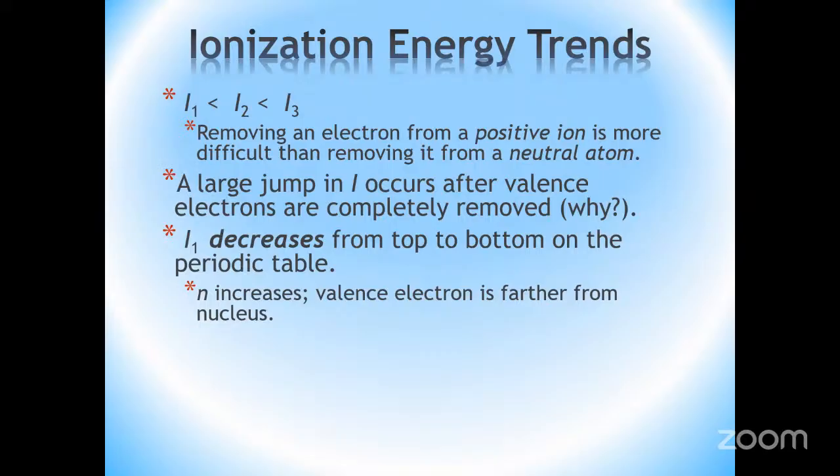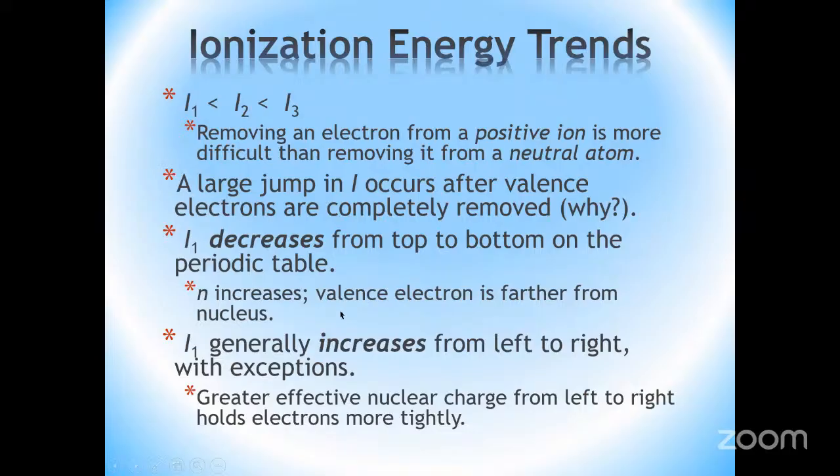Not only that, but you also have the inner core electrons shielding the valence electrons from the nucleus. As you go down the group, the number of inner core electrons increases, shielding the valence electrons, and therefore it is easier to remove the valence electrons as you go down a group. So the ionization energy decreases. Here they're referring specifically to the first ionization energy.